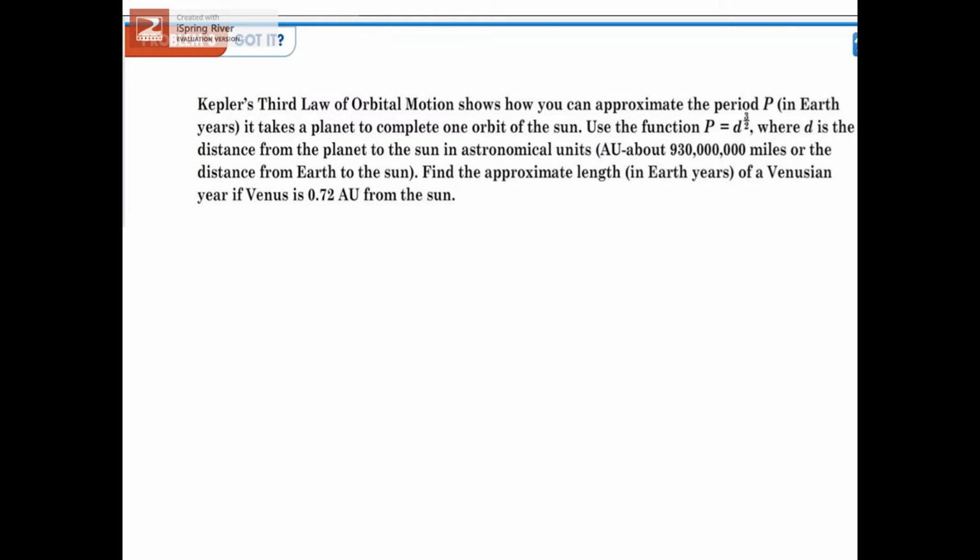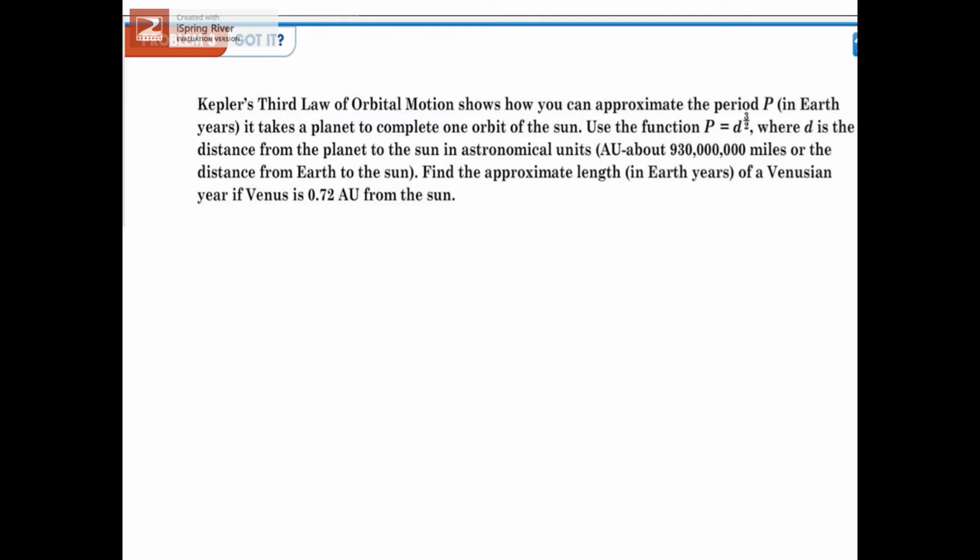Okay, got it number 3. Kepler's third law of orbital motion shows how you can approximate the period p in Earth years it takes a planet to complete one orbit of the Sun. Use the function p equals d raised to 3 over 2, where d is the distance from the planet to the Sun in astronomical units, or AU, about 93 million miles, or the distance from Earth to the Sun.